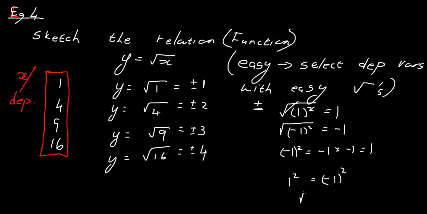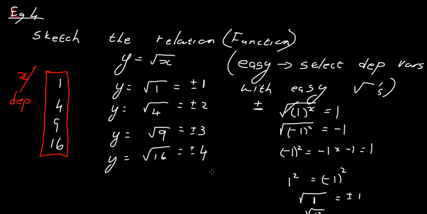So when we say the square root of 1, we don't know whether it's the square root of 1 squared or the square root of minus 1 squared. It could be either. That's why our answer is plus minus 1. And the same follows for all of these.